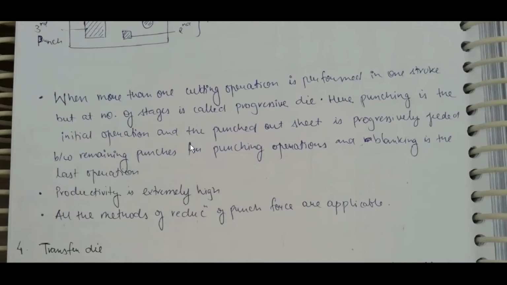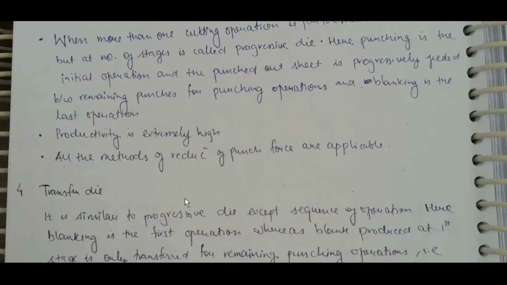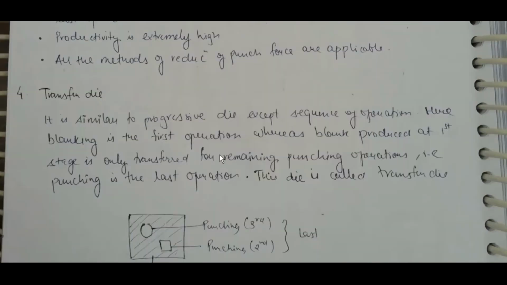Hence, punching is the initial operation, and the punched sheet is progressively fed between the remaining punches for punching operations, and blanking is the last operation. Productivity is extremely high. All the methods of reduction of punch force are applicable.